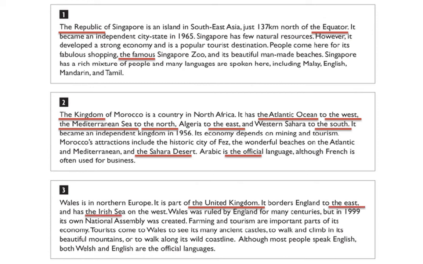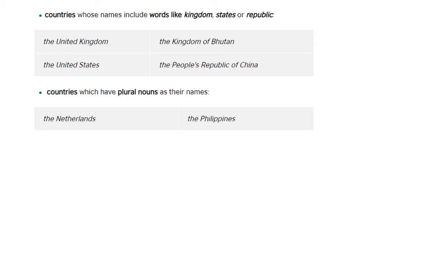We have the East again. The Irish Sea, because it is the name of a sea. So here we can see there are some rules for using "the" with countries whose names include words like kingdom, states, or republic.